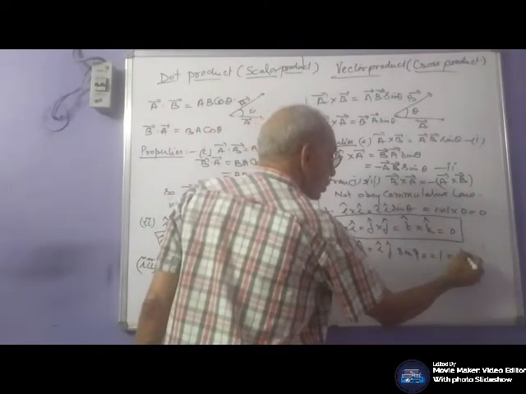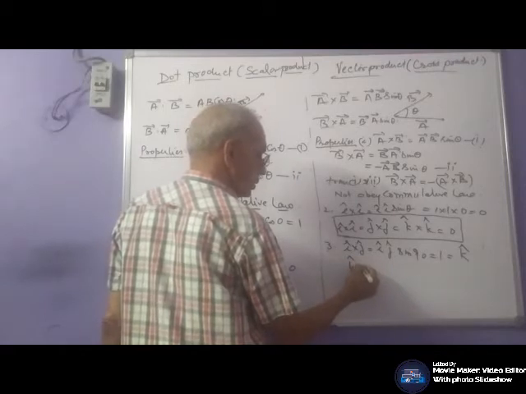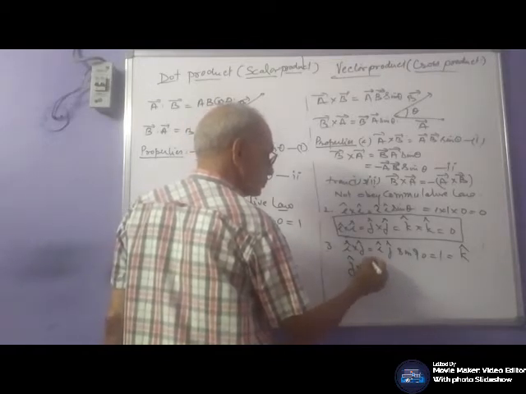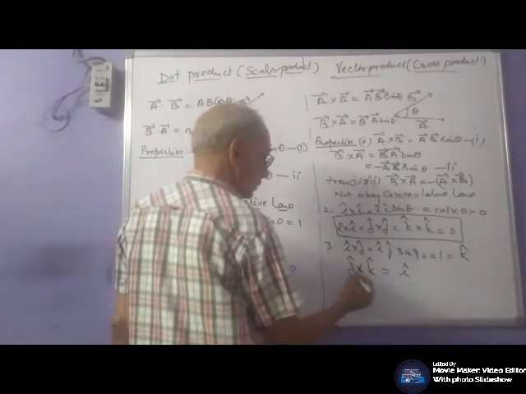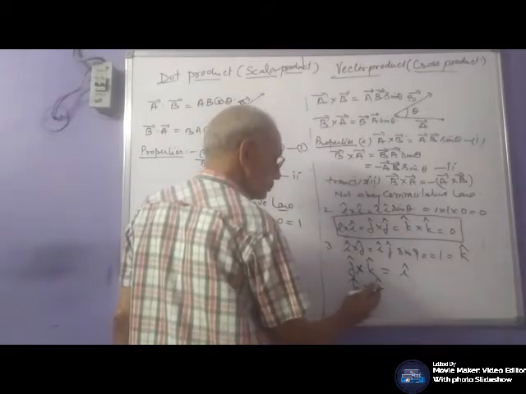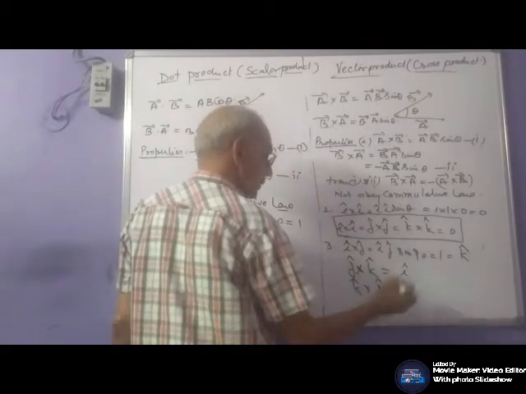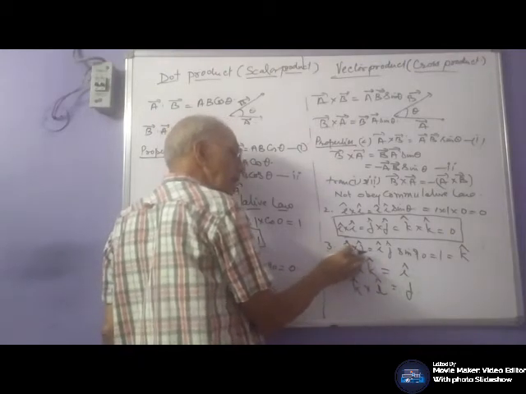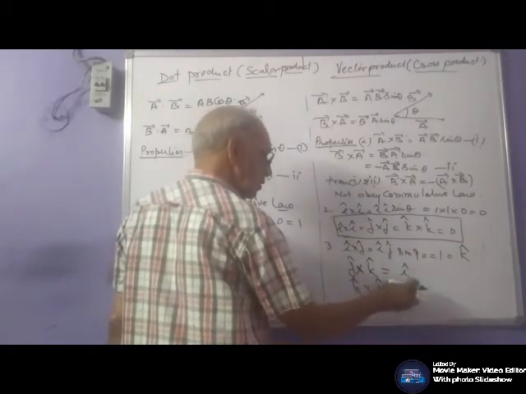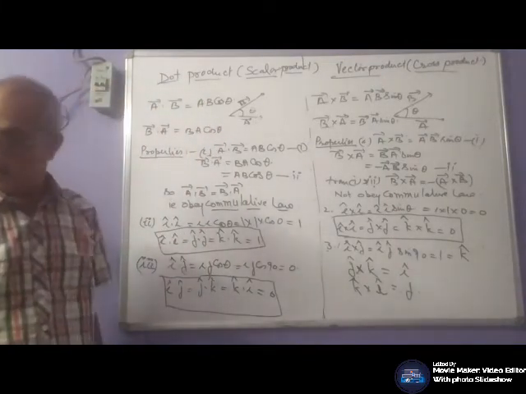And the direction will be perpendicular to both: I cross J is K. J cross K is I. K cross I is J. I cross J, the perpendicular to them, is K. J cross K is I. K cross I is J. So this is the dot and cross product.